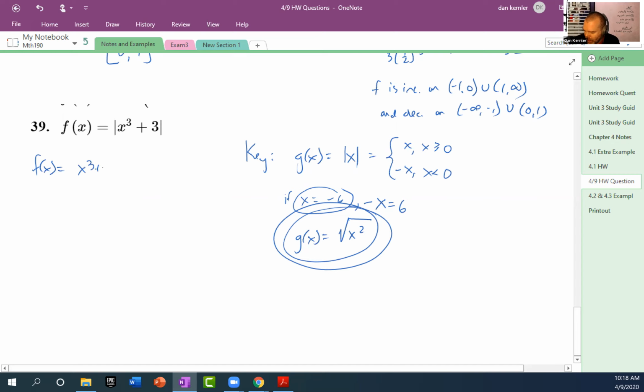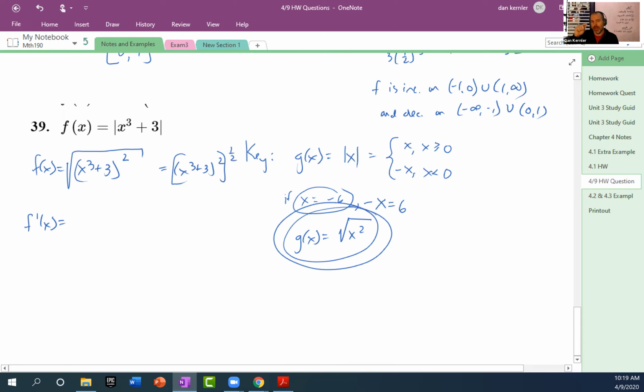If we have x cubed plus 3 and we square it and we take the square root, we're going to have to do a double chain rule in the derivative here. Okay, it's all right, we can do that. I'm going to rewrite this as x cubed plus 3 squared to the 1/2.